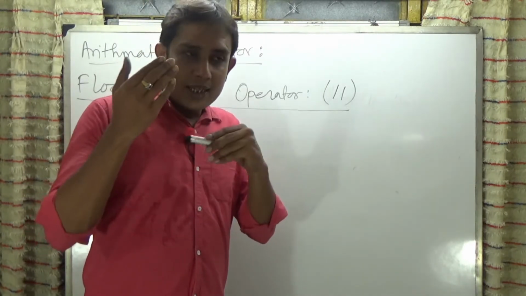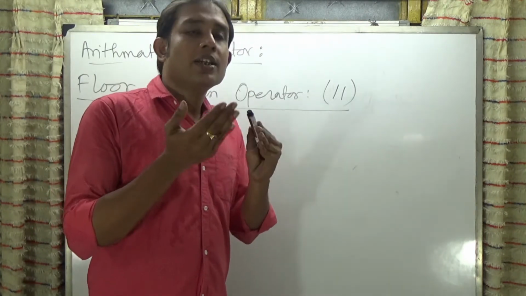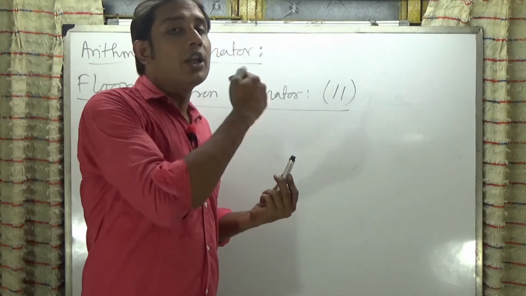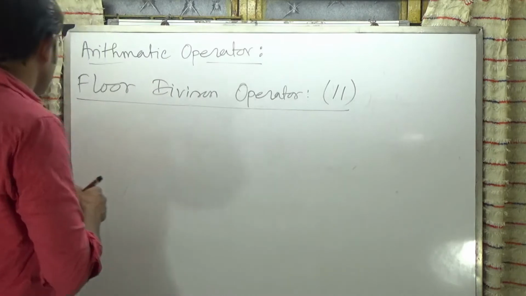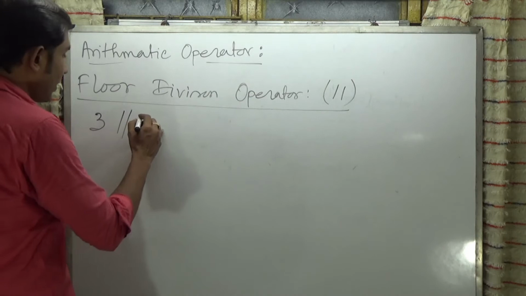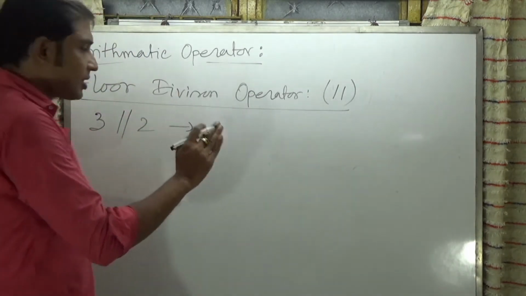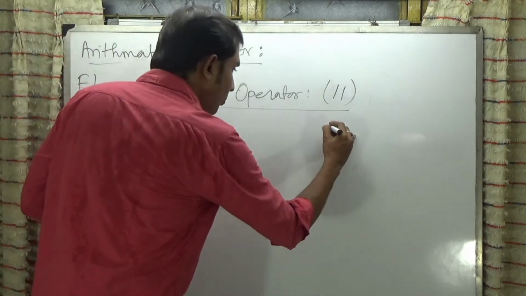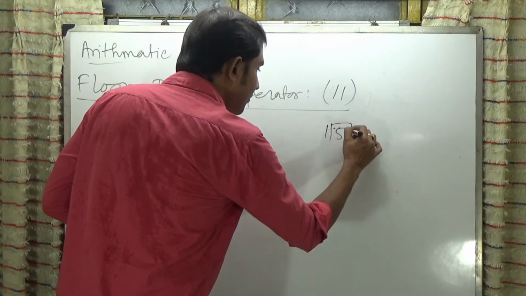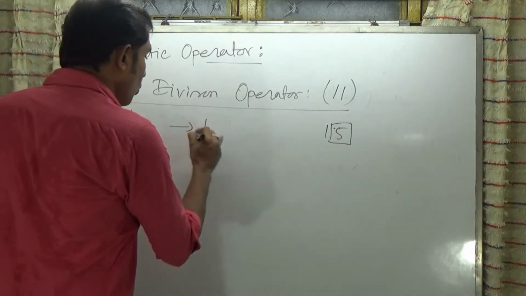So the whole portion of the quotient is returned. Let's take an example. Suppose 3 is floor divided by 2. As per the previous division the result is 1.5, but here the 0.5 is omitted or truncated, so the result will be 1.